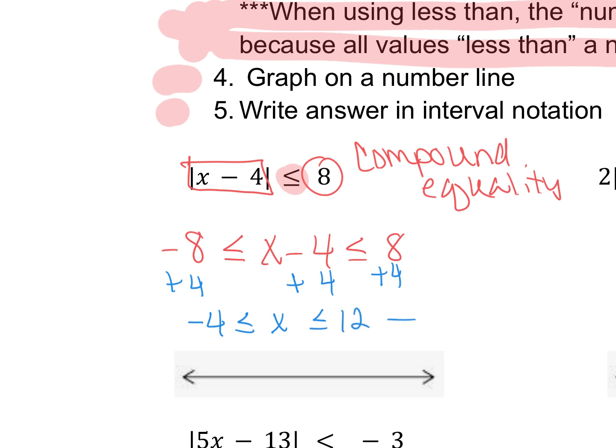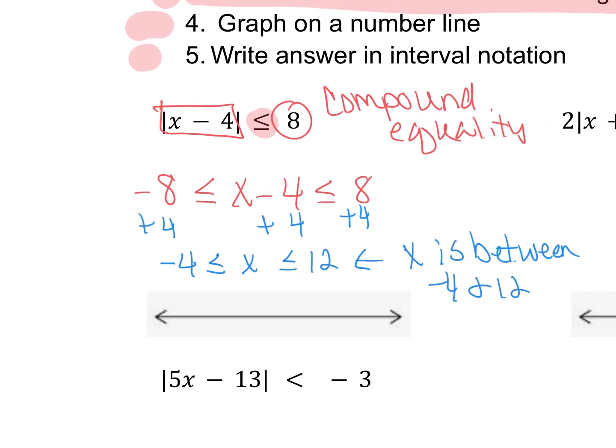What this says is x is between -4 and +12. So thinking logically on your number line, if here is -4 and here is +12, we have a closed dot because it's or equal to. Our values that work are between -4 and 12, which means we are going to highlight between -4 and +12.